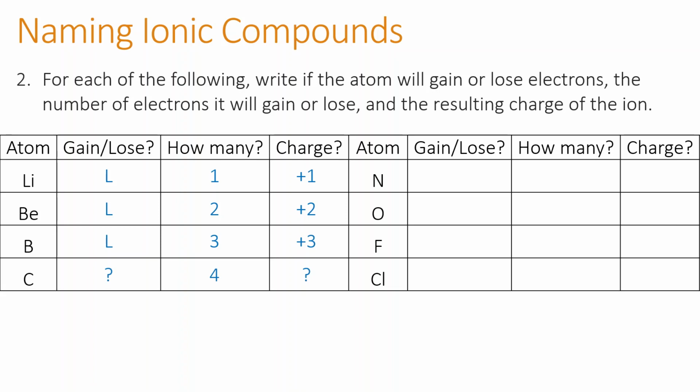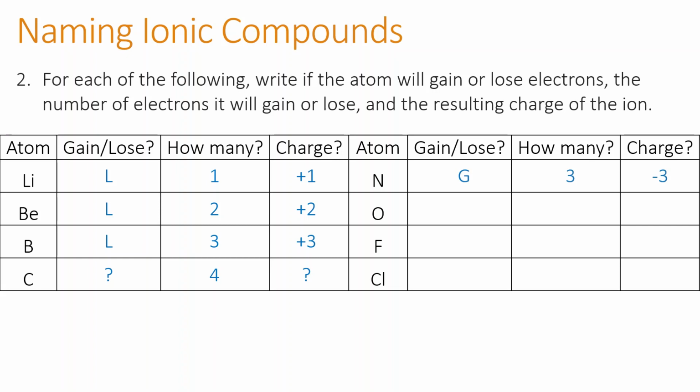So lithium, beryllium, boron, all of these elements form cations because their valence shells are pretty empty and they're going to lose electrons to get to that octet. My anions are going to gain. So nitrogen has 5 valence electrons, so to get to an octet, it's going to gain 3 more.